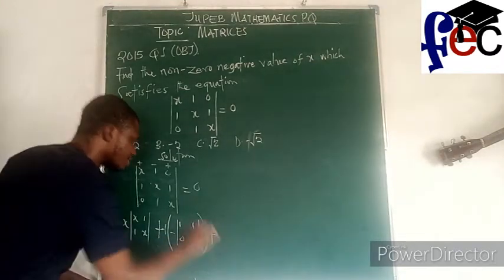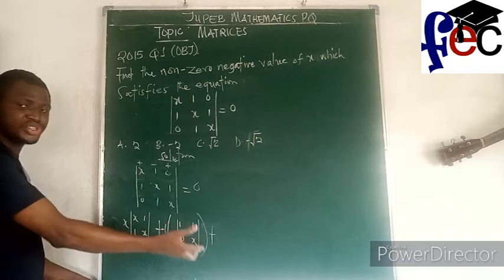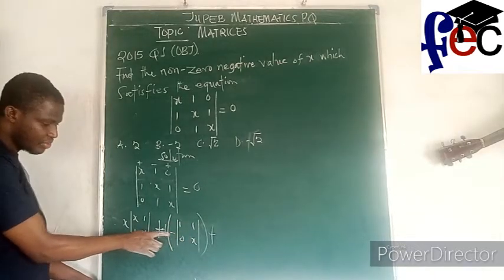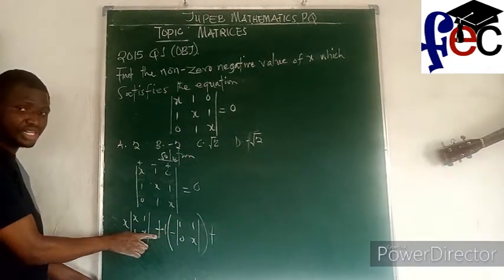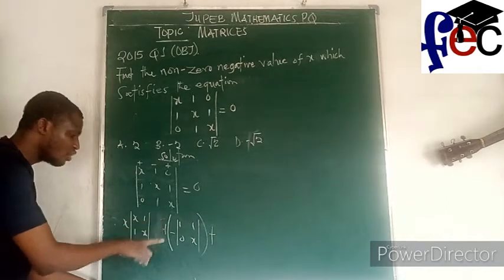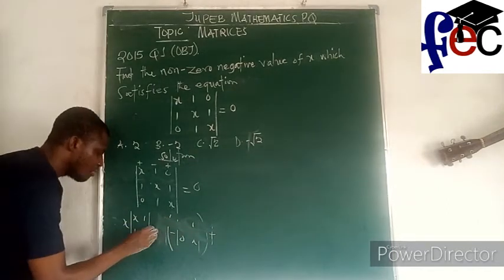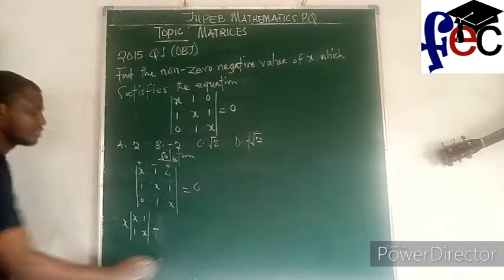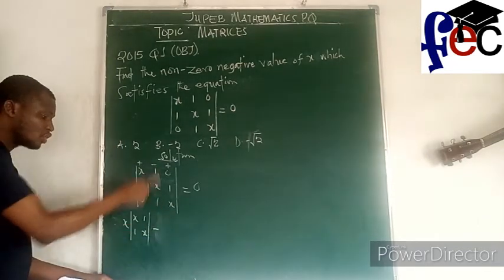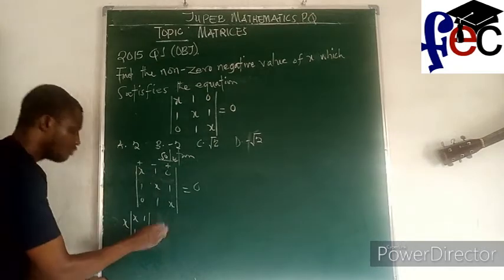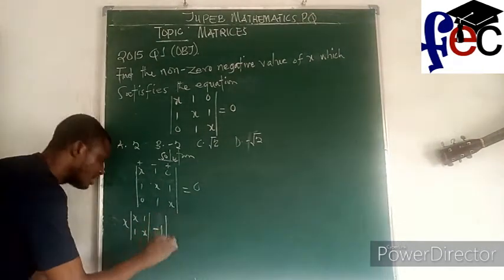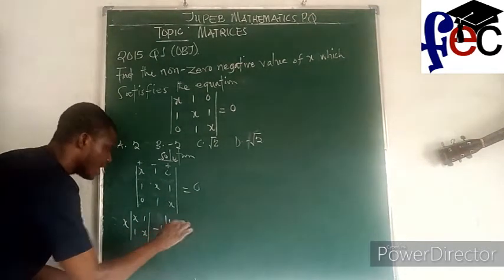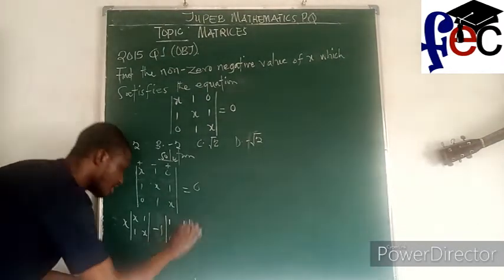Then plus. But instead of going through this stress, this minus sign will multiply this plus sign eventually, and that's why you will always see it reduced to minus. That's where that minus is coming from, not as though we just put minus here. So you have 1, then this is now going to be 1, 1, 0, x.